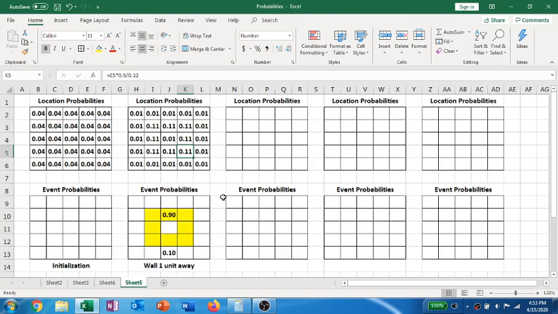And now let's say this. We try and move, and we detect that we've crashed into a wall.